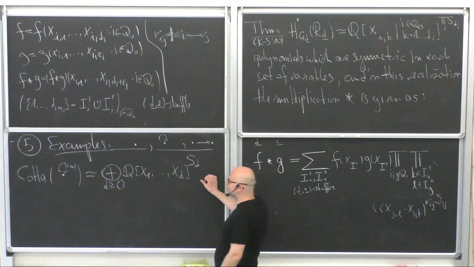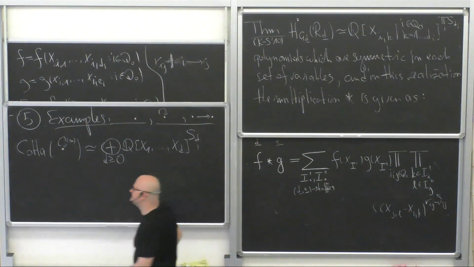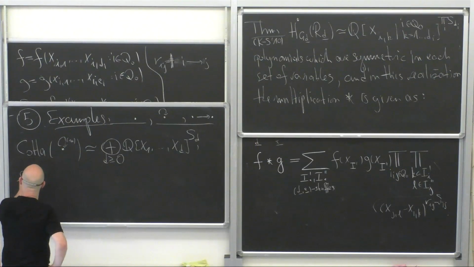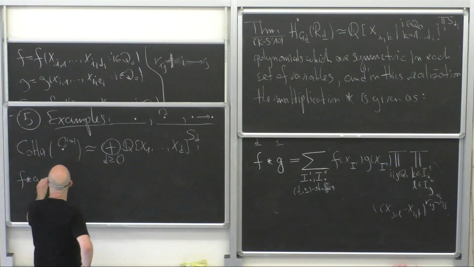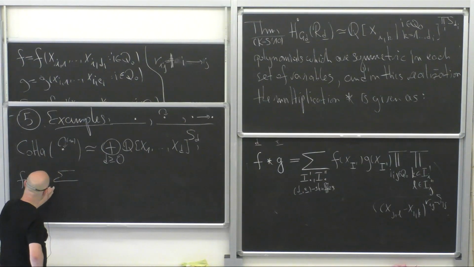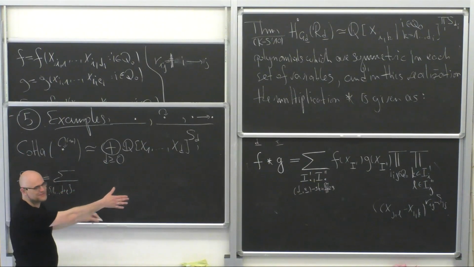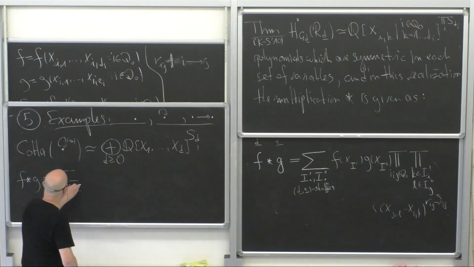Okay, and the shuffle product is given by f star g is the sum over all shuffles. And now a shuffle is just that we decompose the set 1 to d plus e. I'm basically writing down this formula again, but in this simplified case. I'm just writing this as a disjoint union.